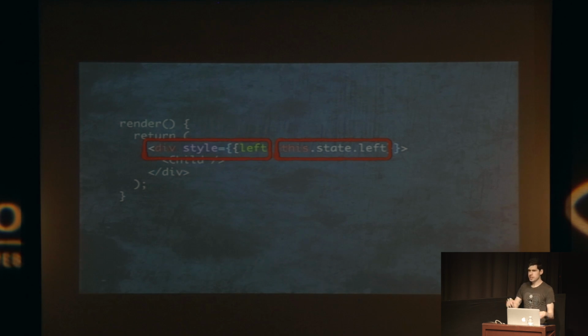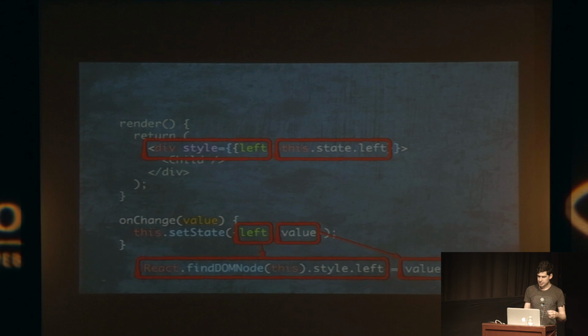Why does it have to do an entire diff algorithm and regenerate a lot of things? So what I would really like is for React to remember that this.style.left is equal to div.style.left, and whenever I set state, to output a raw DOM mutation.